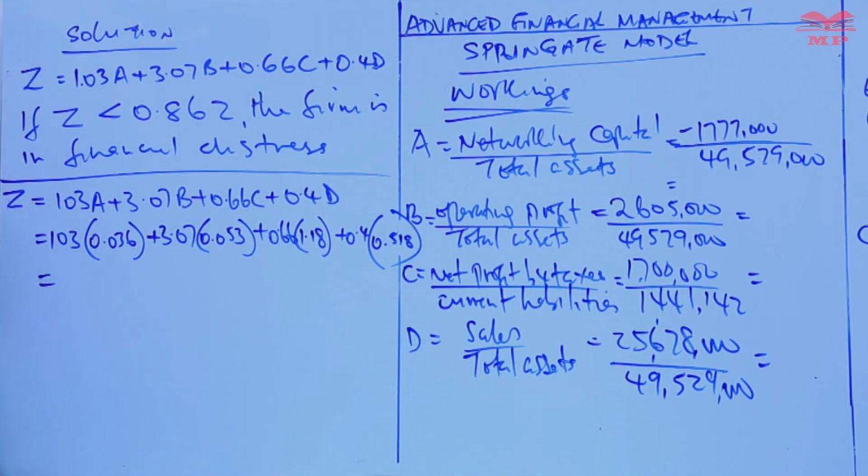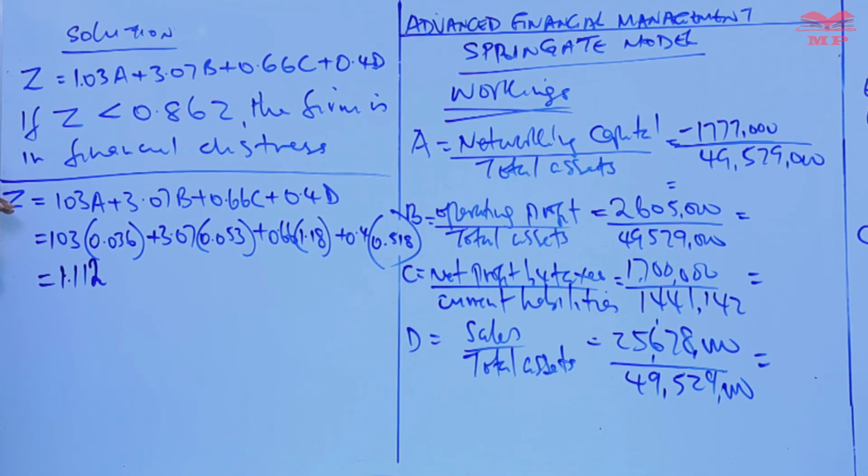Give me the values for Z. 1.111, or you had not considered the negative. So it is 1.111.